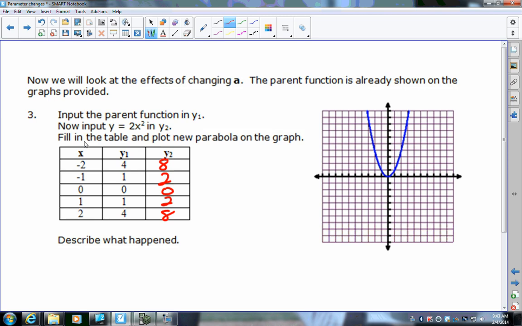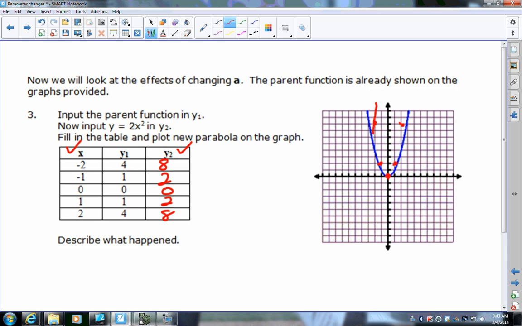If I go to graph those, remember, use the x in the y2 column. 0, 0, 1, 2, over 1 and up 2, negative 1, 2, 2, 8. Let's see if I can see it. There we go.